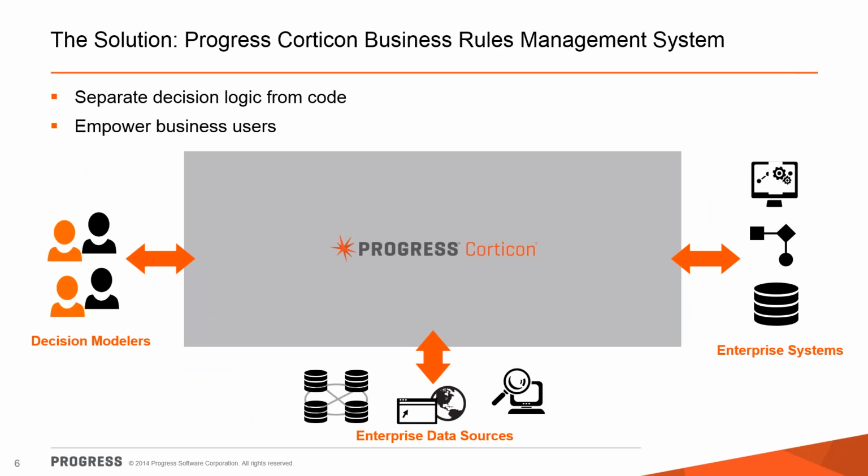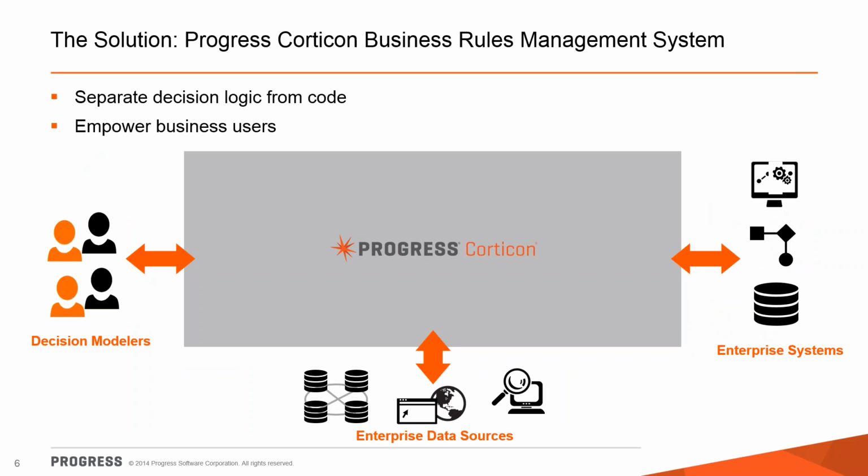Thanks, Kevin. So one of the things that I want all of you to understand from the rules perspective is we're not talking about very simple, very basic rules, or the rules that you have that are available in Sitefinity in some form or fashion for visibility, for permissions.